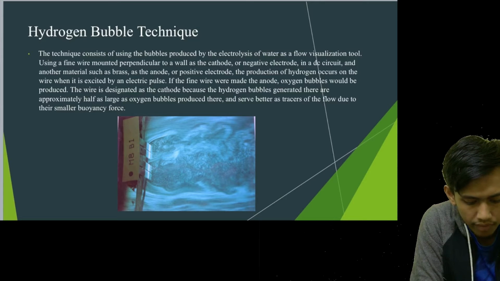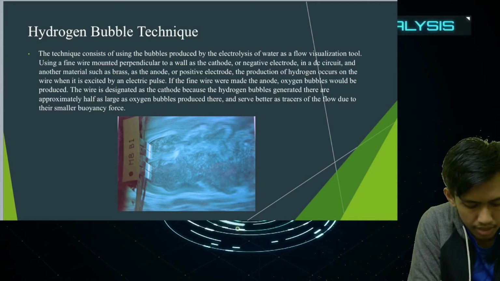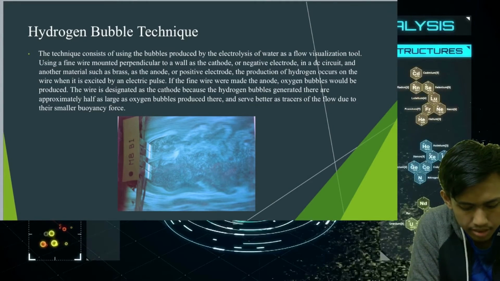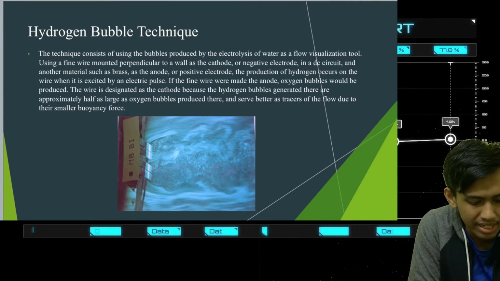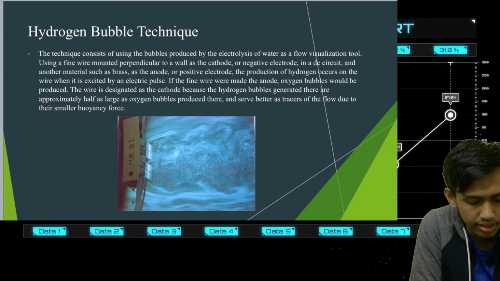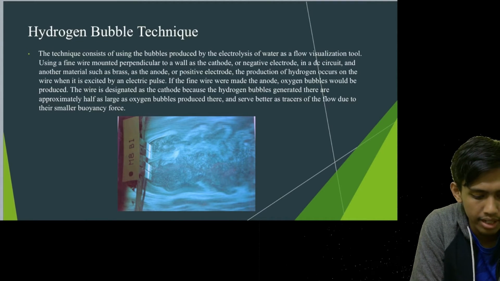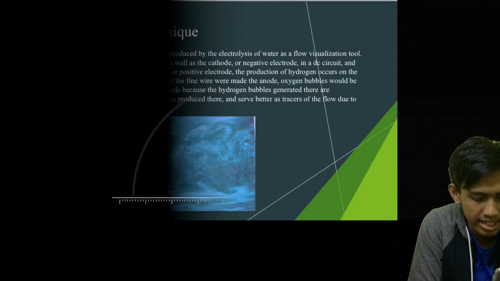The wire is designed as the cathode because the hydrogen bubbles generated are approximately half as large as the oxygen bubbles produced there, and serve better as traces of the flow due to their smaller volumes.